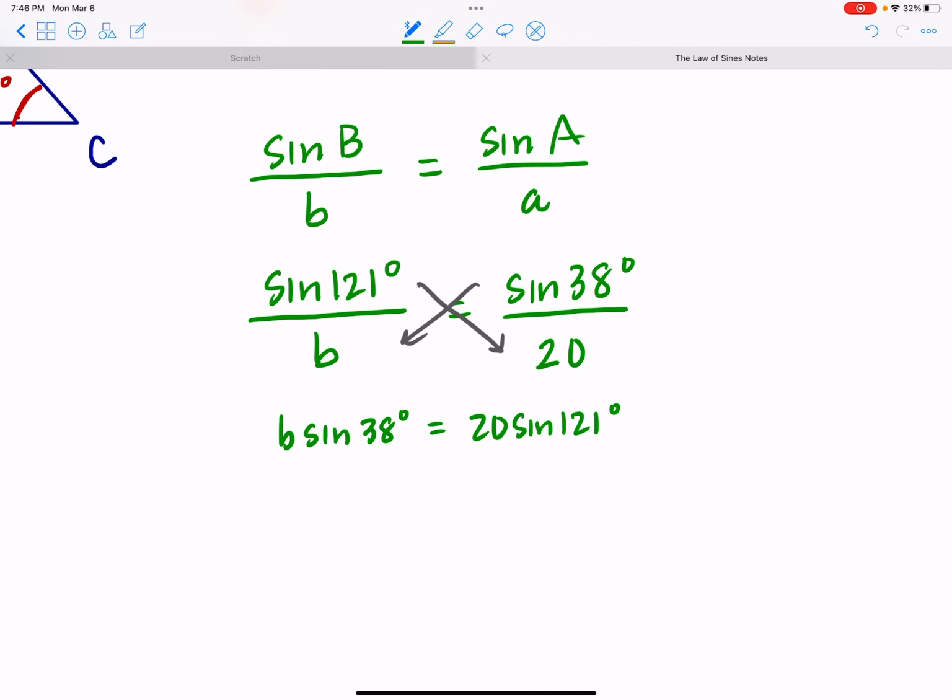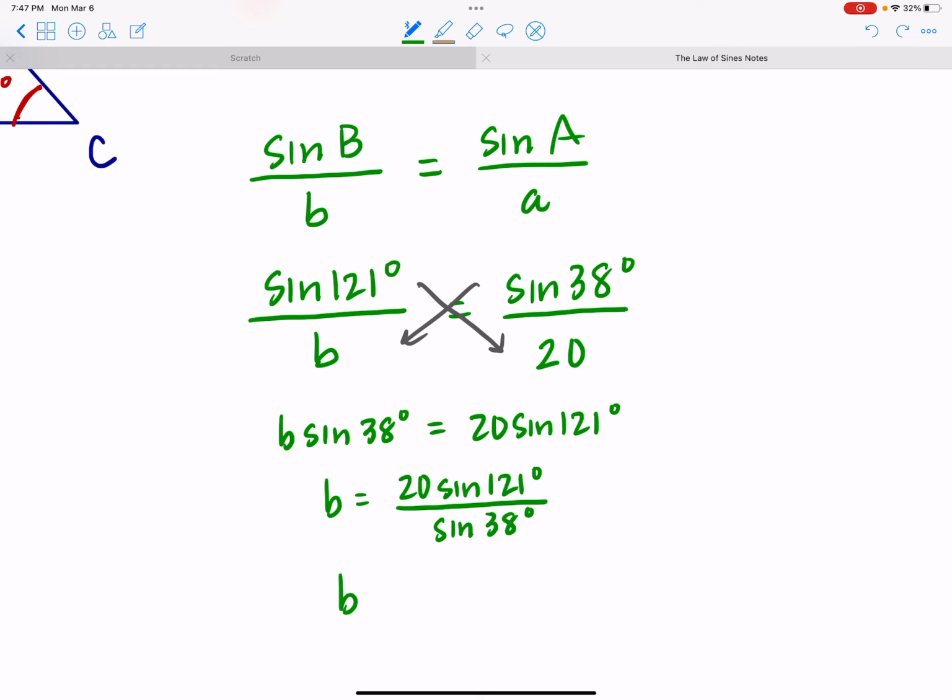One more step: B is being multiplied by the sine of 38, so I have to divide by the sine of 38. My exact answer is 20 times the sine of 121 divided by the sine of 38. Again, that is my exact answer.